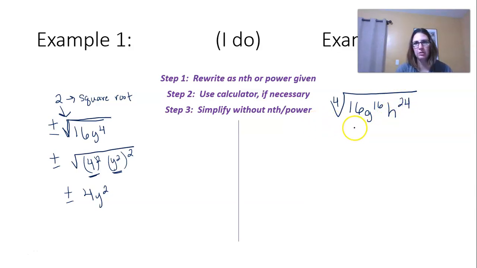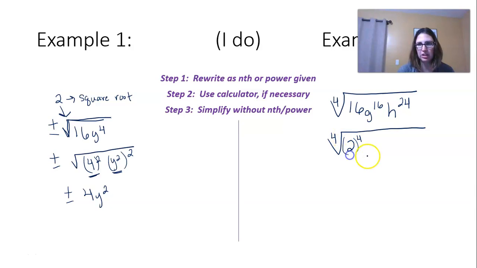So I want you guys to be thinking, okay, we're going to rewrite this 16 with a number to the fourth power. You can always use Captain Calculator. You can use your calculator and try to figure out what number times itself 4 times will give you 16. Well, 2 to the fourth will give us 16.